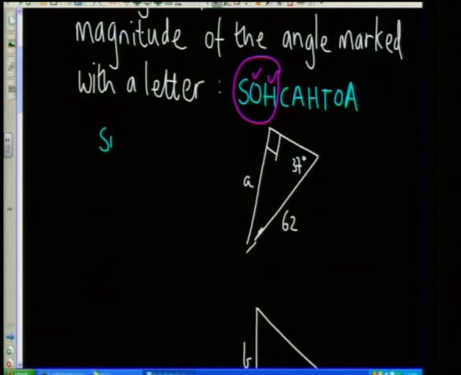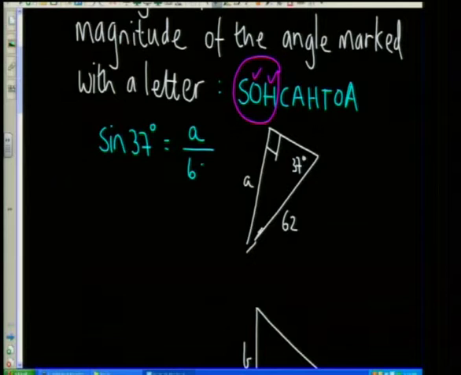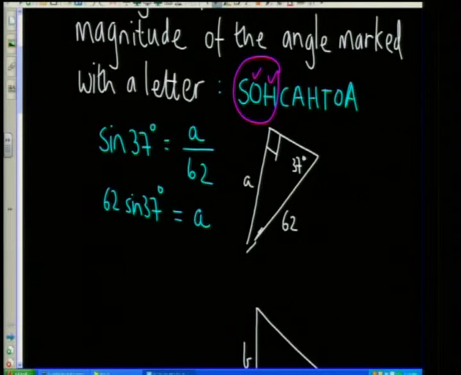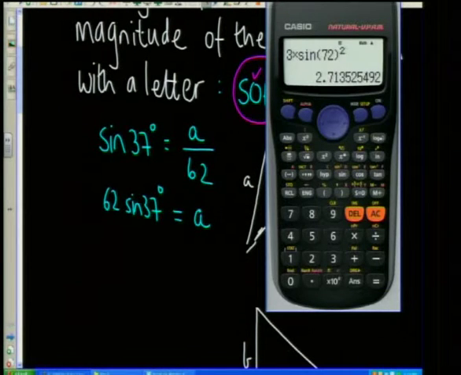The sine of 37 is equal to the opposite over the hypotenuse, which is 62. And now we need to solve for that equation. So we've got A is equal to 62 sine 37. Once we're at this stage, we can now use the calculator. 62 multiplied by sine 37, and that gives us 37,31.